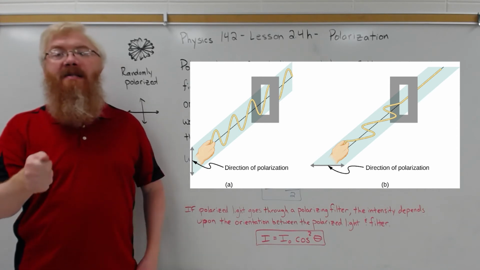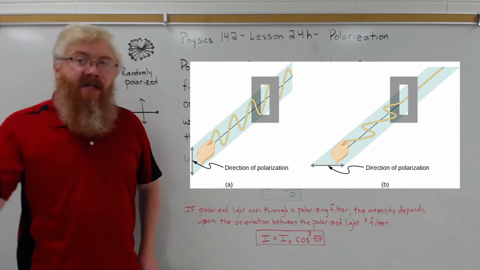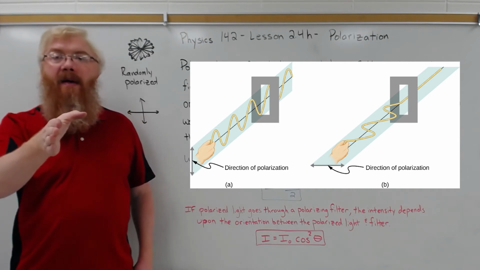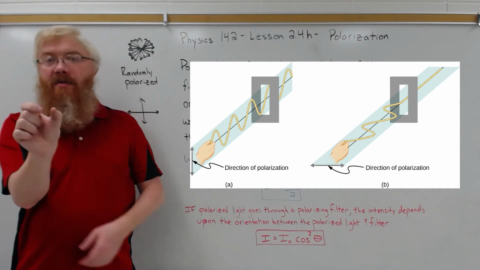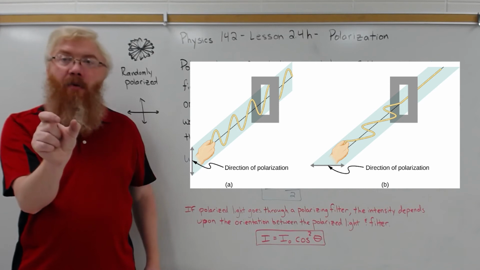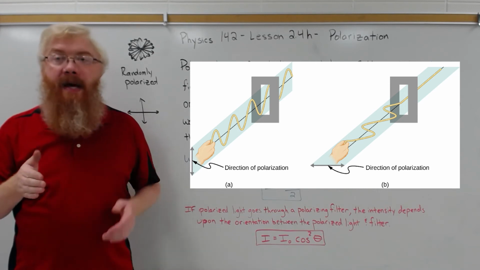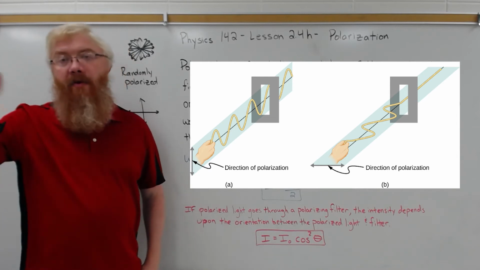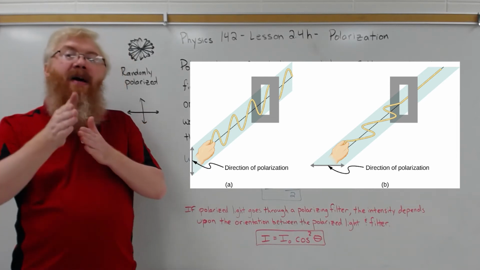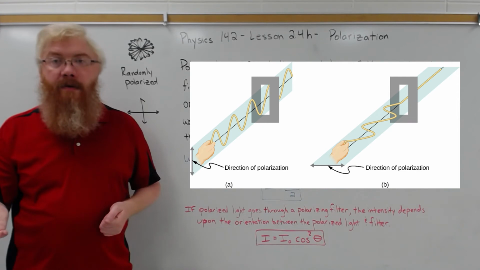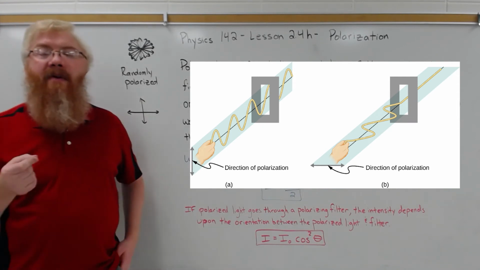But if I took that same rope and moved it side to side, those waves could not pass through because the rope can't move side to side at the opening. So it only lets in waves of certain orientations. If I go at some other angle, some of that wave will go through, but not all of it. So this is the idea of a polarizing filter.